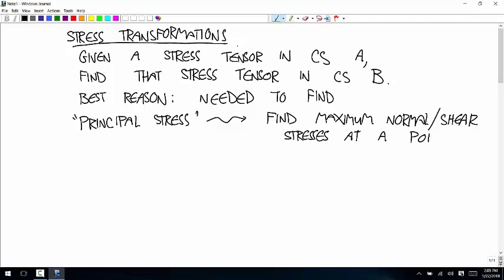And these are important for predicting failure. So this idea is really important for being able to guess under what loading conditions a fracture is going to start at a point. So this also predicts failure.